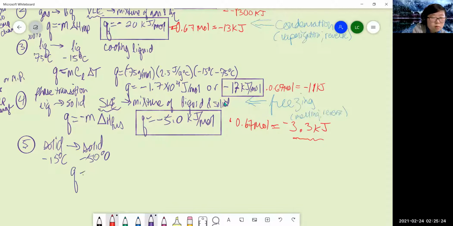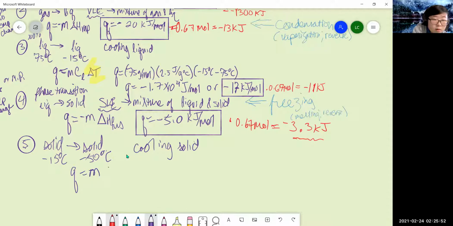So all you need to do is Q equals negative, sorry, it's not negative, because the delta T will take care of your sign. So this delta T will take care of your sign, so you don't have to worry about it for the cooling solid.